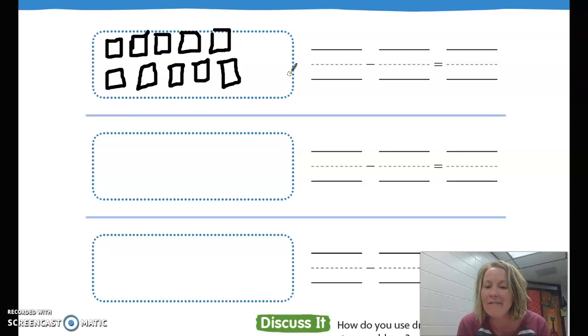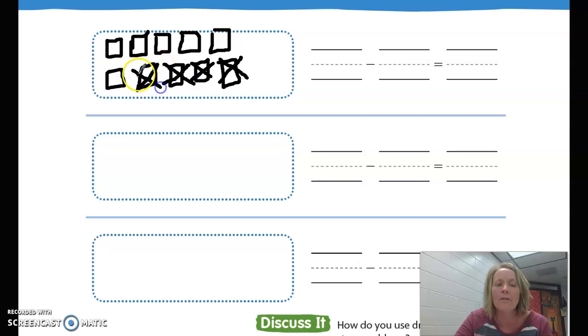She had 10 books. She left 5 at school. So if she left them there, how do I show that they went away? You're right, we put an X on them. Let's put an X on 5. 1, 2, 3, 4, 5. Now let's write our number sentence.